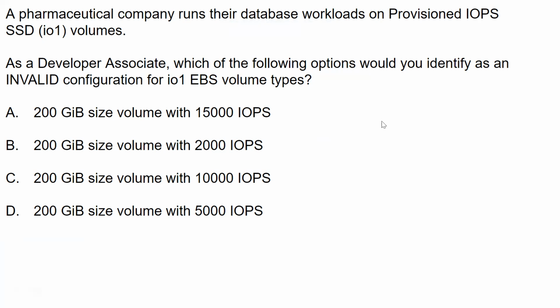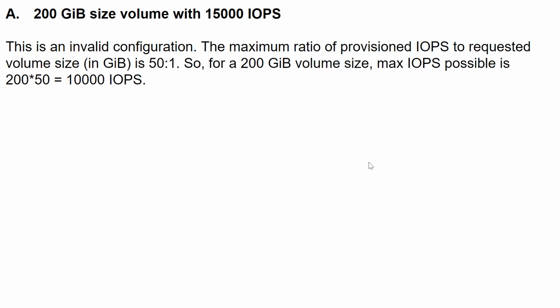As a developer associate, which of the following options would you identify as an invalid configuration for IO1 EBS volume types? 200 GiB size volume with 15,000 IOPS, 200 GiB size volume with 2,000 IOPS, 200 GiB size volume with 10,000 IOPS, 200 GiB size volume with 5,000 IOPS. Okay, 200 GiB size volume with 15,000 IOPS.